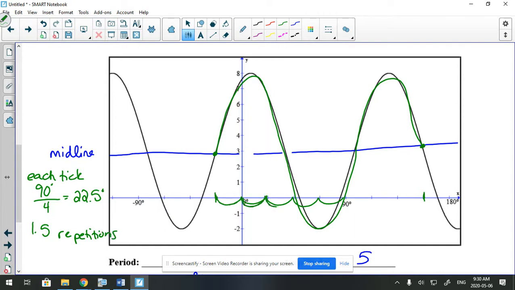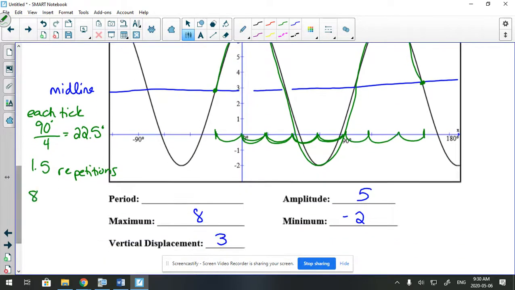I have 1, 2, 3, 4, 5, 6, 7, 8 ticks, and I know each tick is worth 22.5 degrees. So I know in 180 degrees I get 1.5 repetitions. So if I want to know where I get just 1 repetition, I'm going to divide that by 1.5. That's going to give me 120 degrees for my period.